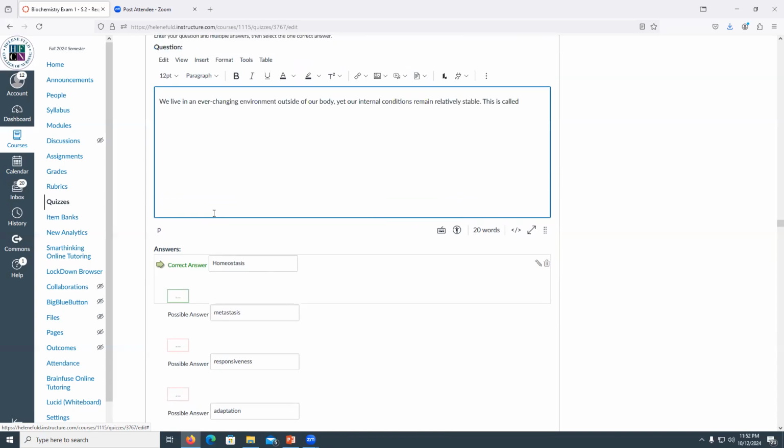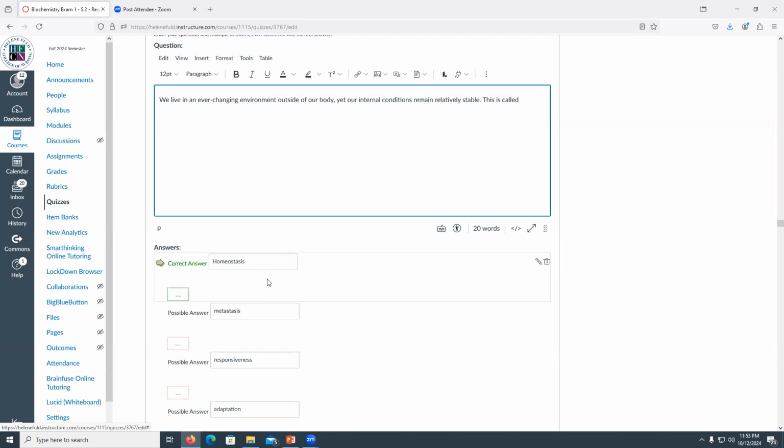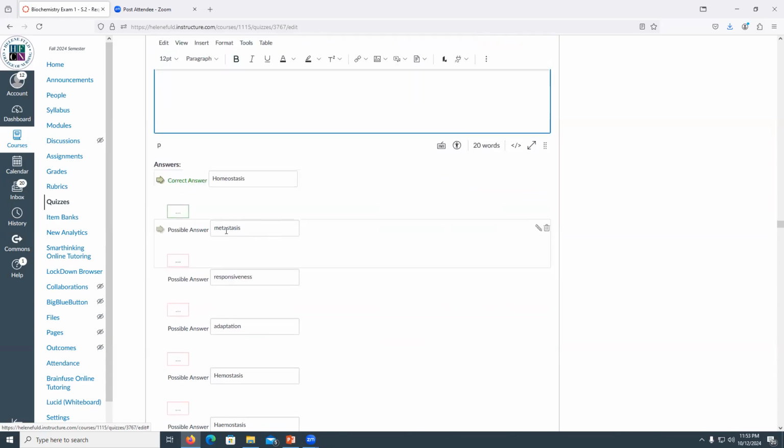So no matter if the temperature increases outside, we secrete sweat to cool down. And if the temperature is so low outside, it's so cold, we shiver to warm ourselves up. So that's homeostasis. Metastasis is when cancer moves following a state of invasion.